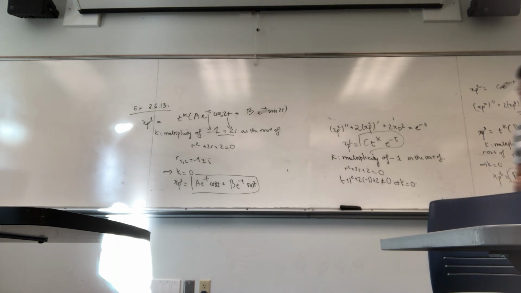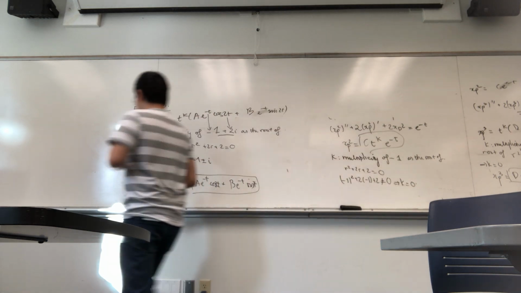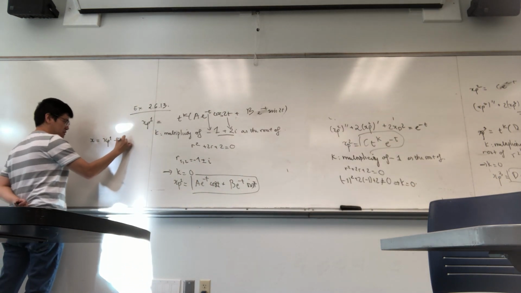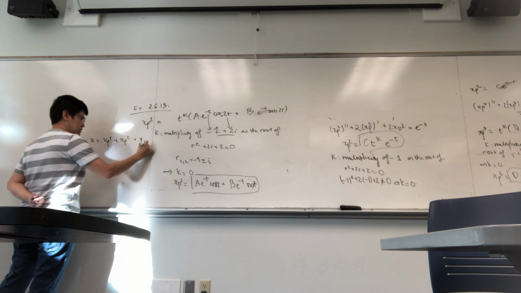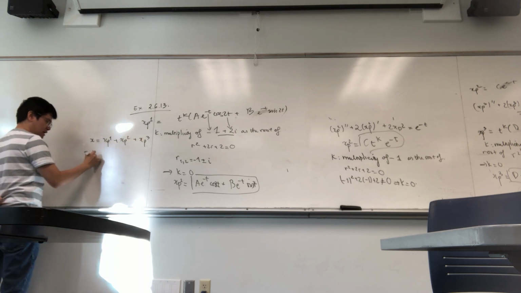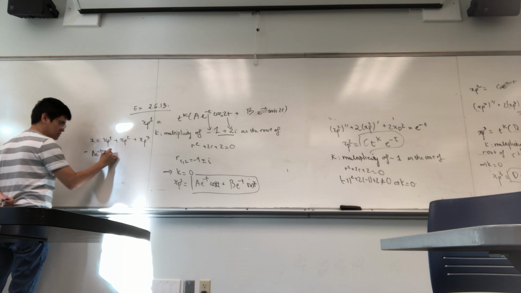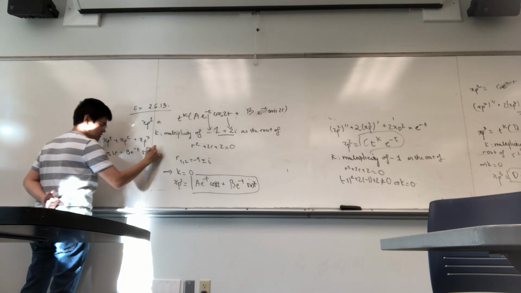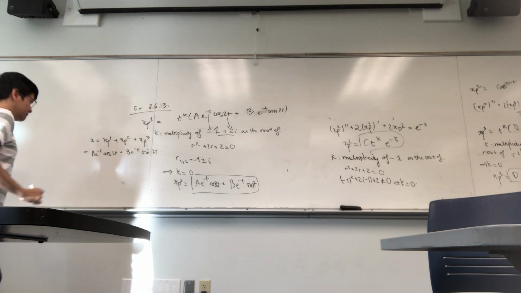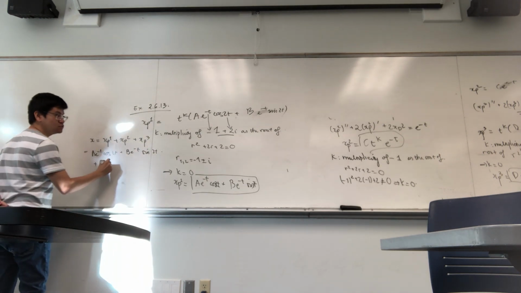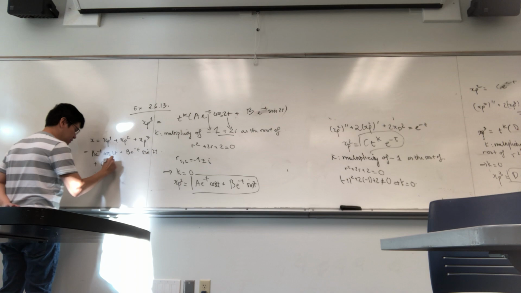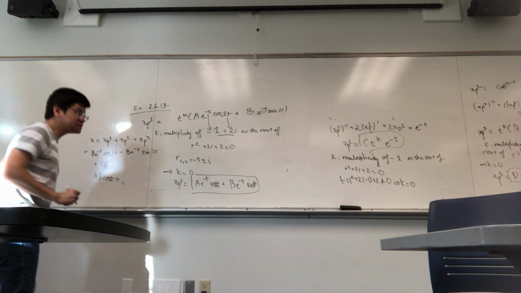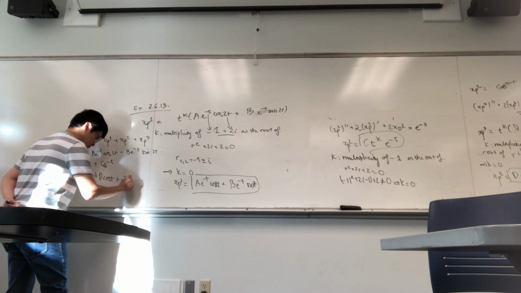So finally, I'm going to take the sum: xp1 plus xp2 plus xp3. And this gives me a e to the power minus t cosine 2t plus b e to the power minus t sine 2t plus c t to the k e to the power minus t plus d cosine t plus e times sine t.